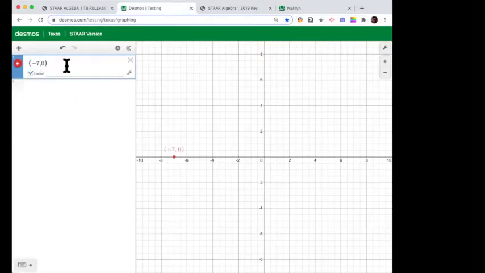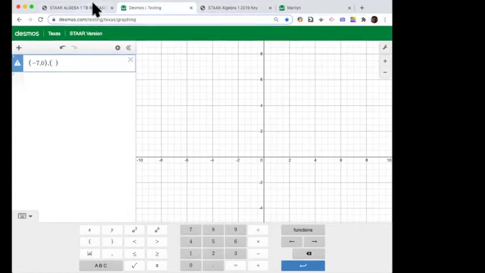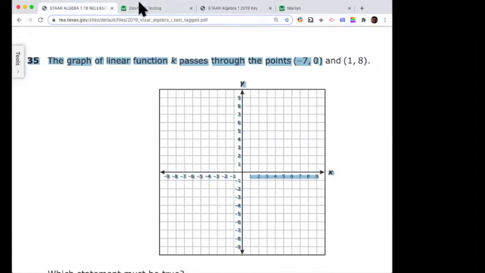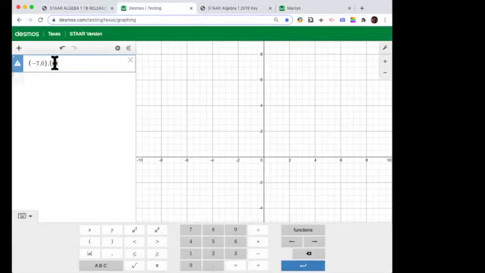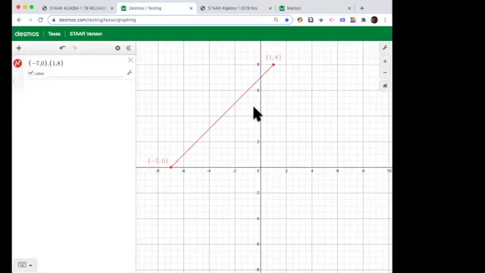We're going to be on the same line, so we put a comma there to separate the next set of coordinates. The next coordinates are 1, 8. Okay, and we have labeled them. Another feature is, again, you hold down the circle, it brings up your line option, and we have created our line in Desmos.